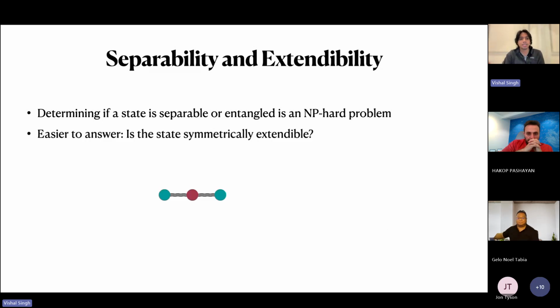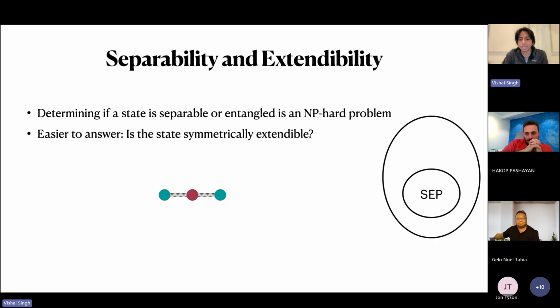What that means is all the states that satisfy this criterion lie inside this green circle. The outside circle is the set of all states, the set of separable states is the innermost circle, and the green circle is all states that can be symmetrically extended.